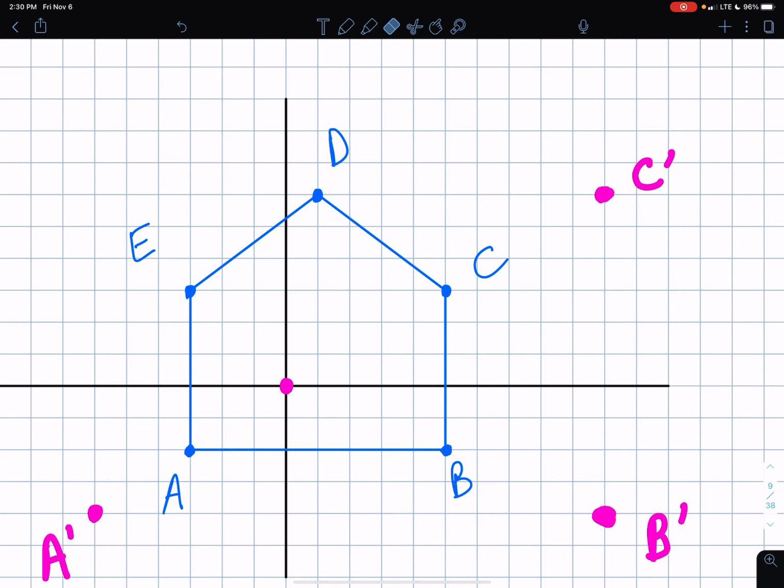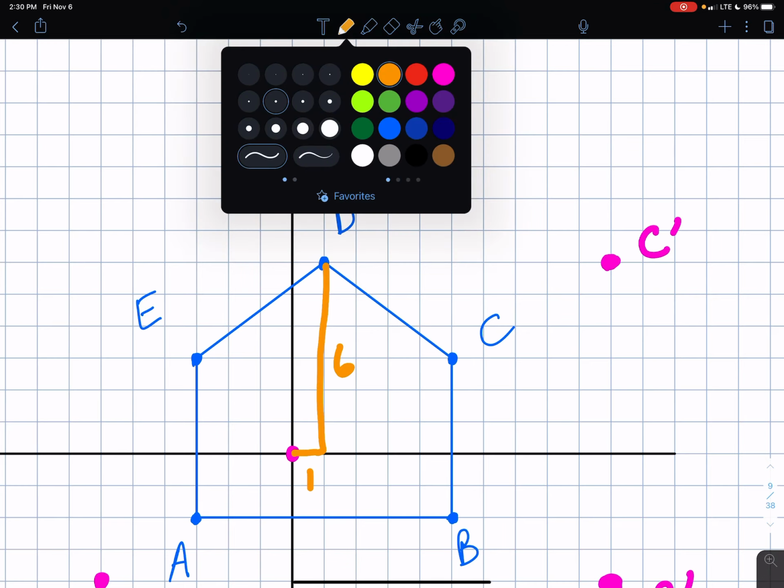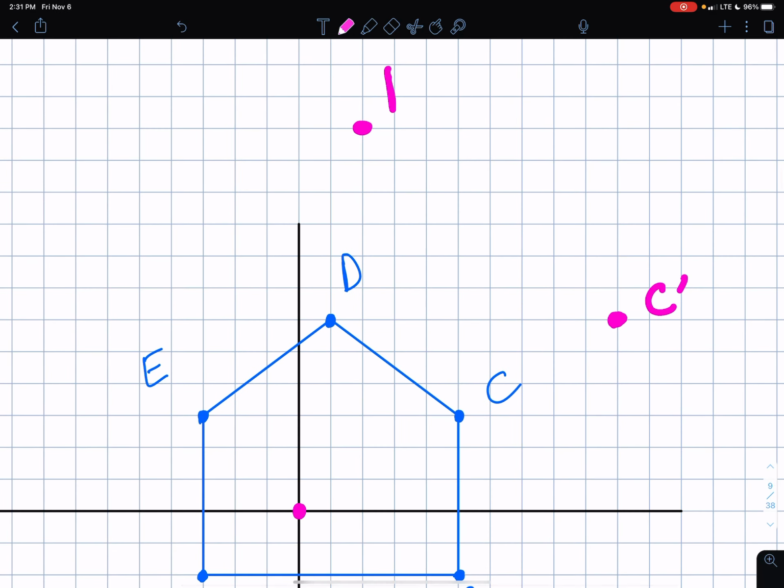And then we'll do the same thing with D. So for D, again, we went over 1, up 6, so 1 and 6. So for our new one, we will go over 2 and then up 12. And there's our new dot. We can clean that up. And then, of course, that would be considered D prime.